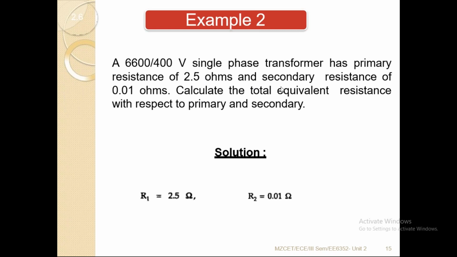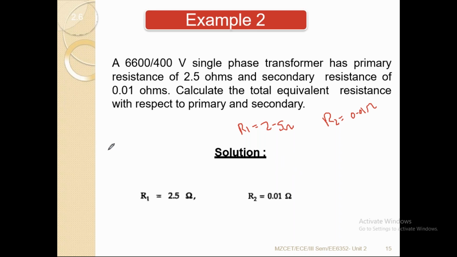Calculate the total equivalent resistance with respect to the primary and secondary. Just do this for two cases. We have R1 equals 2.5 ohm, R2 equals 0.01 ohm. Now we need to find the equivalent resistance in two cases.